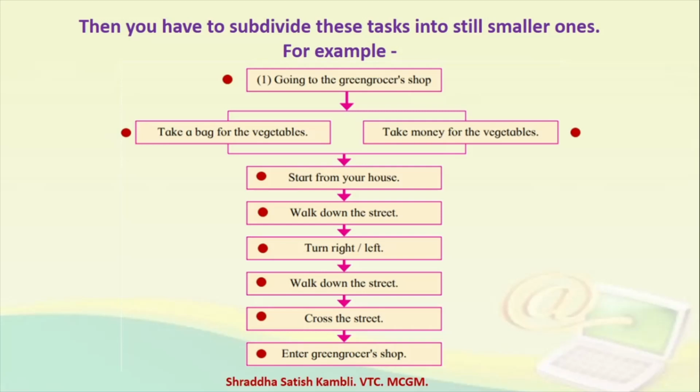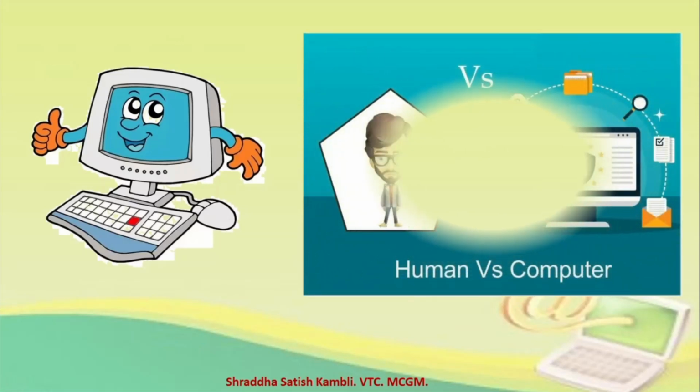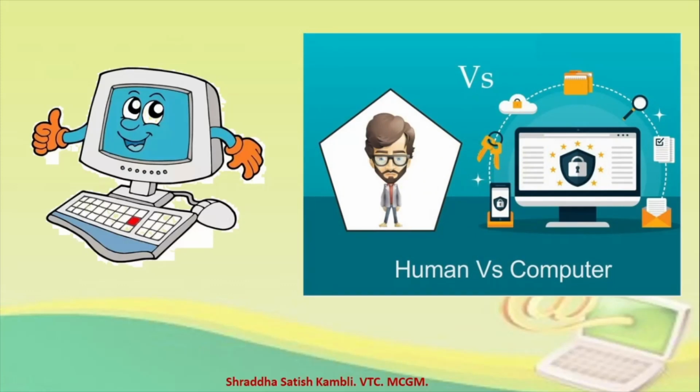So now you can imagine that even though the computers feel that they're very smart, it is we human beings who have made the computer smarter. Without us writing instructions and programs for the computer, it will be of no use.